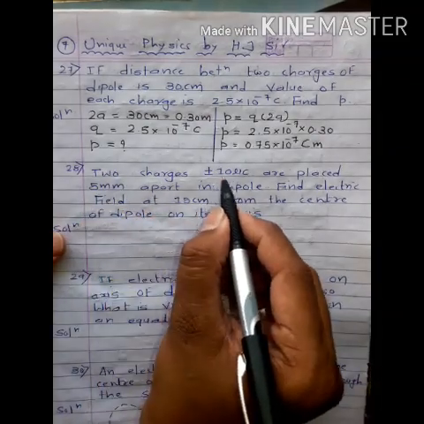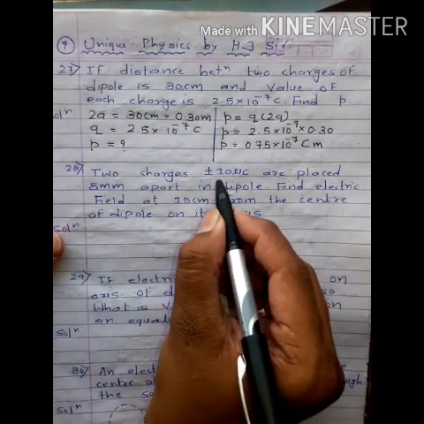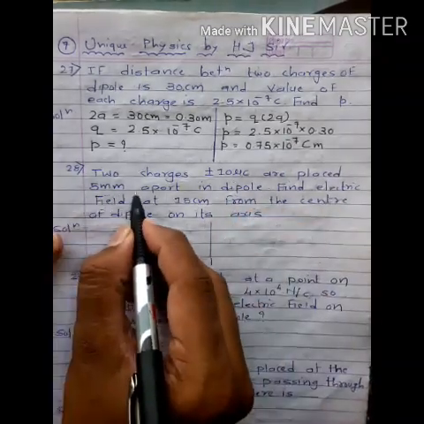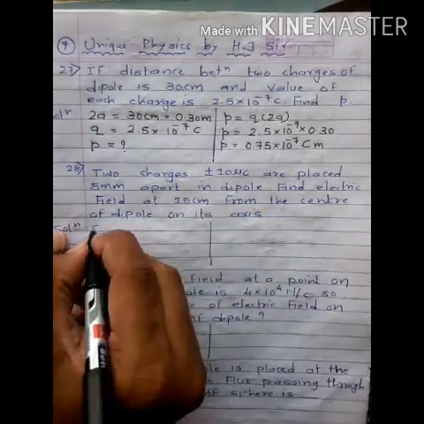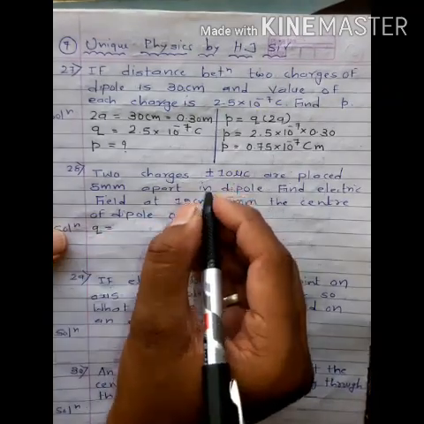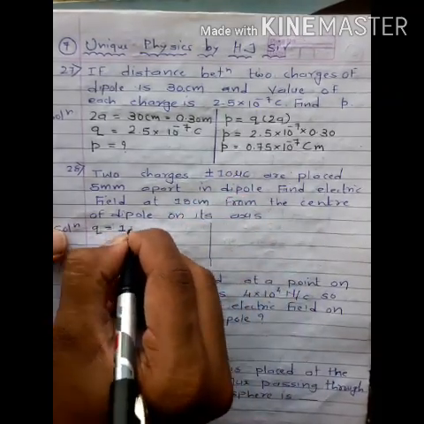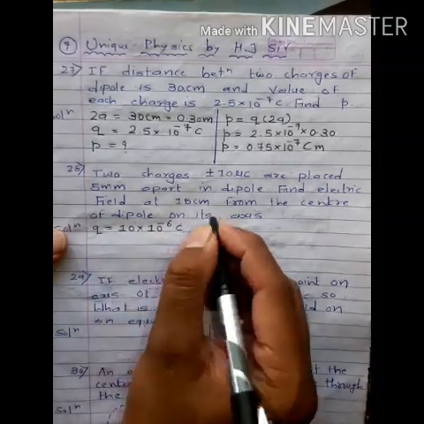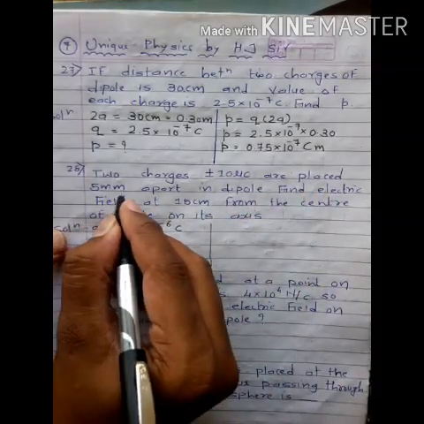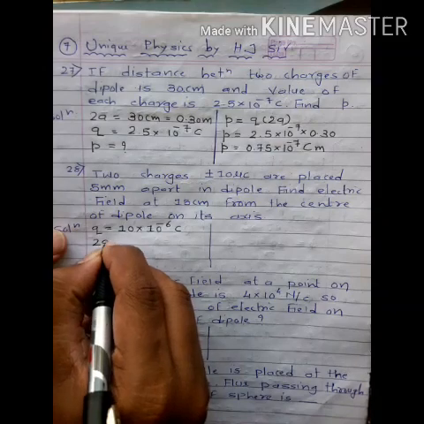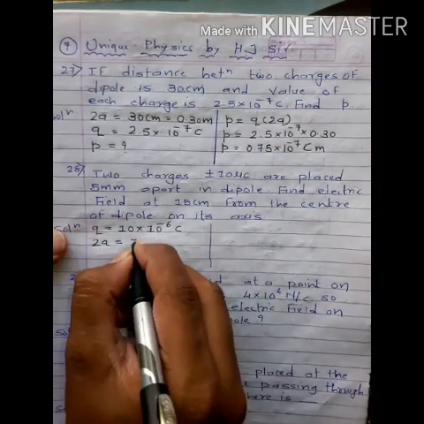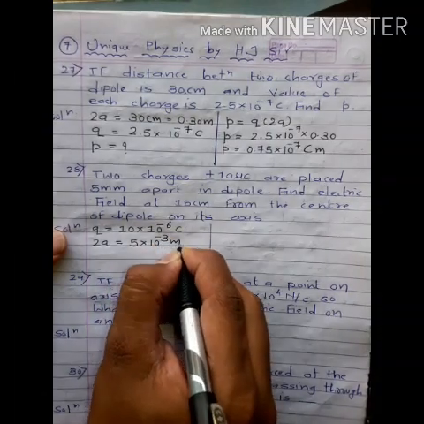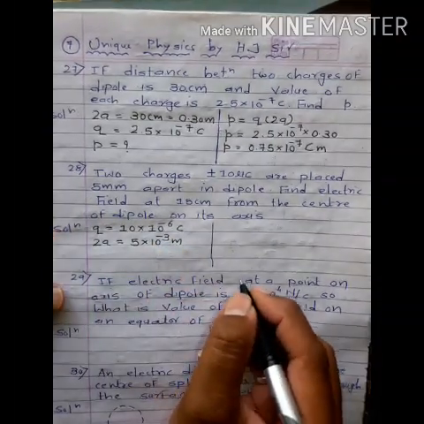Two charges, plus and minus 10 microcoulomb, are placed 5 mm apart. So we have the value of charge. Consider only the positive value, 10 microcoulomb. So the charge is given as 10 into 10 raised to minus 6 coulomb. They are placed 5 mm apart, so the distance between them is 2a. 5 mm: millimeter means 10 raised to minus 3 meter, so 5 into 10 raised to minus 3 meter.